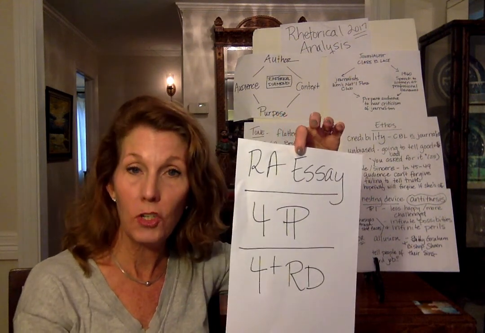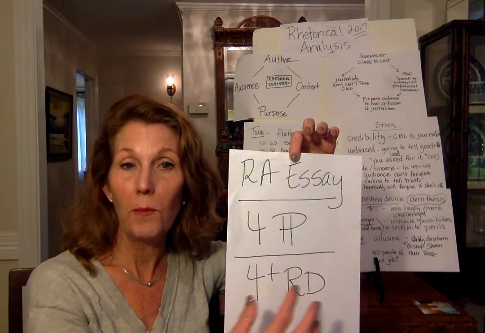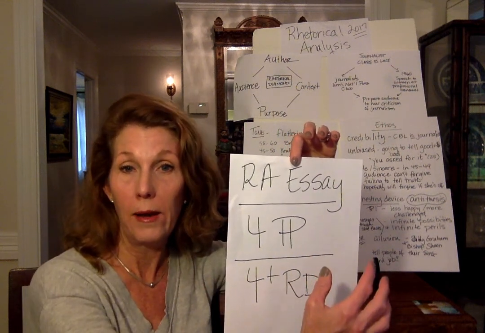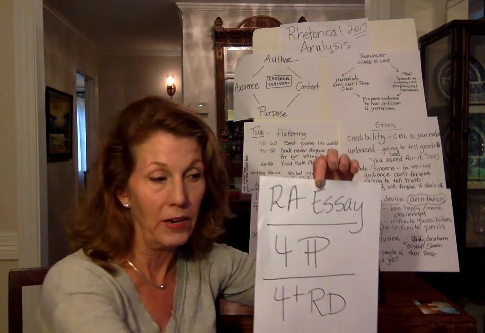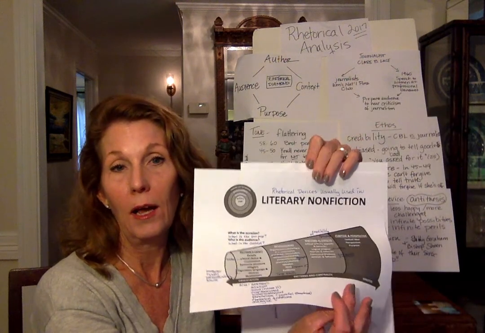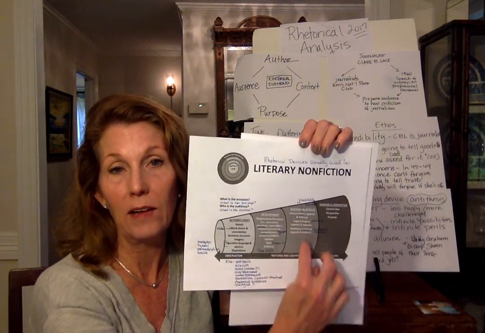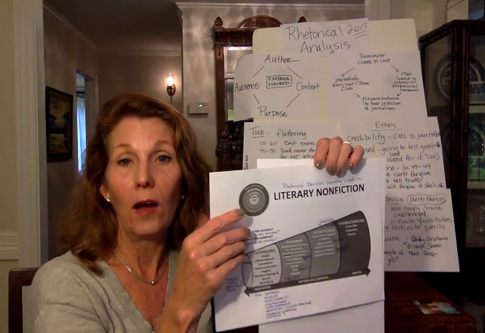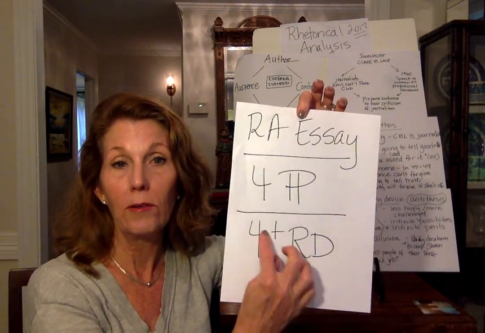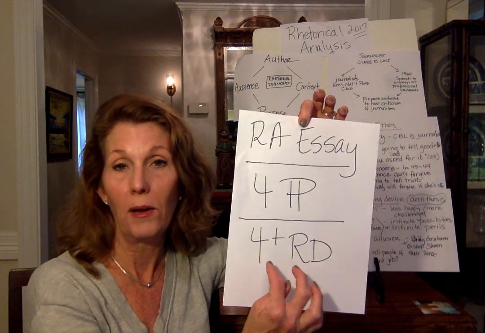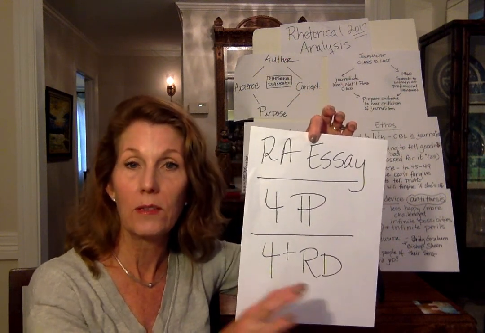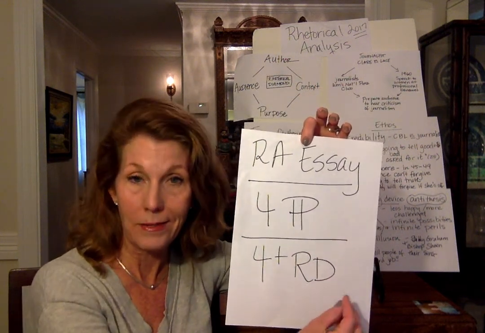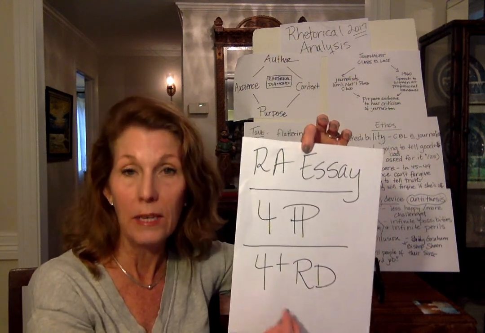Now, the way we're going to achieve that is that each of our body paragraphs will be on one major rhetorical device. And when I say major, I'm talking about something from this category, maybe that category. Then the other 2 rhetorical devices, so that'll give you 2, 1 for each main body paragraph, are going to be smaller ones that we nest inside of these paragraphs.